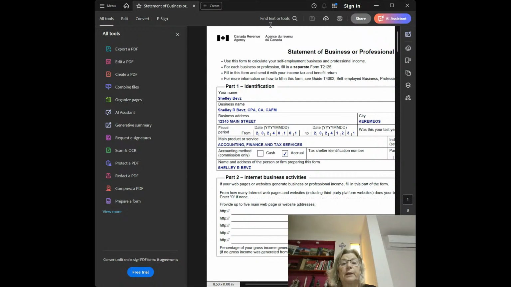This is strictly for someone who is totally commission sales. They don't get a base salary. If you have a daycare in your home, farmer, fisherman. If you're a member of a partnership who's a business person, a partnership who is a professional, and a farming or fishing partnership. So this is the guide that we are going to be using.